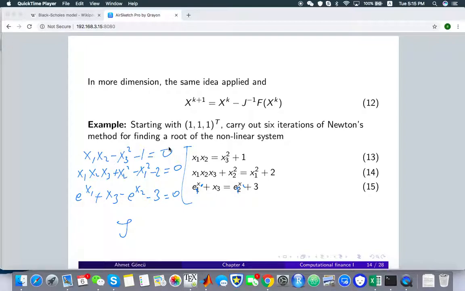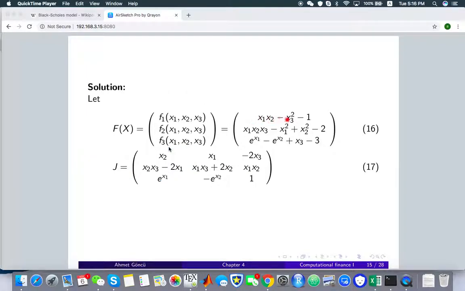For example, the partial derivative of the first function with respect to x1 gives x2, with respect to x2 gives x1, and with respect to x3 gives minus 2 times x3. You can write down the partial derivatives of the second equation, and finally of the third equation.